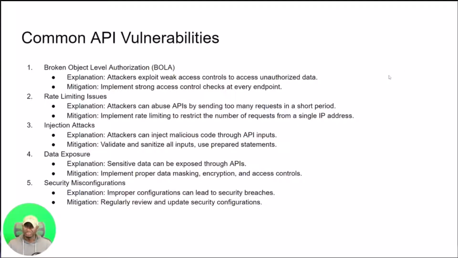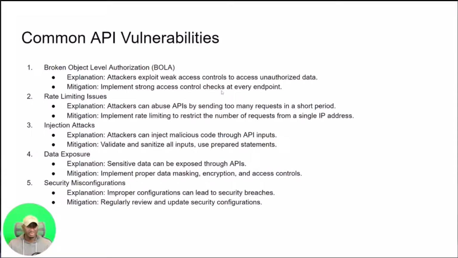Let's talk about common weaknesses in APIs, or common API vulnerabilities. Broken object level authorization is one of the biggest weaknesses we see when it comes to APIs, whereby attackers can exploit weaknesses in your core implementation of access control, such as authentication and authorization.